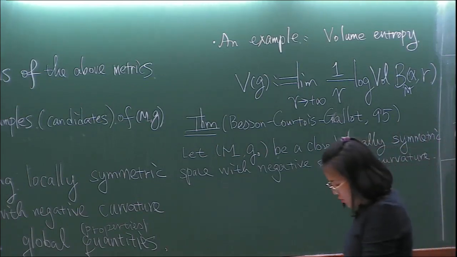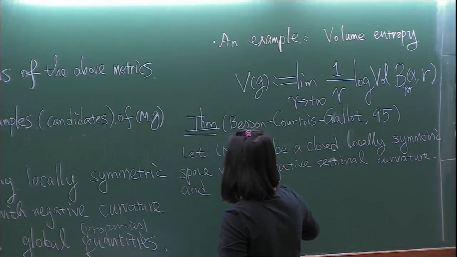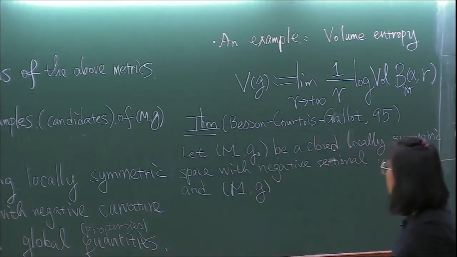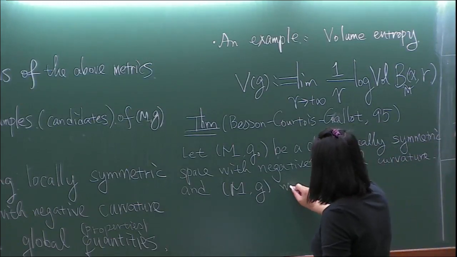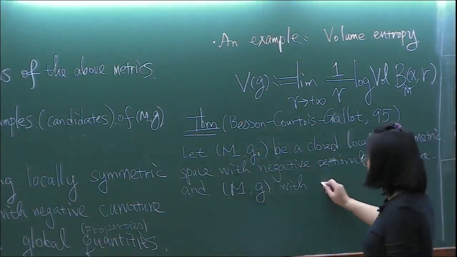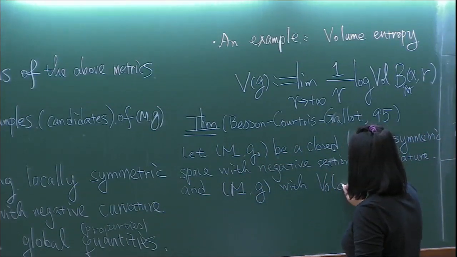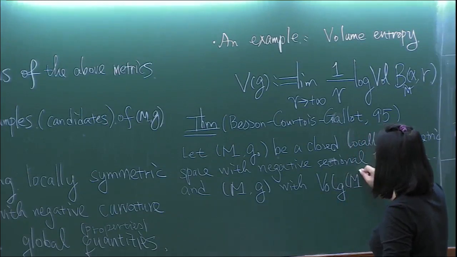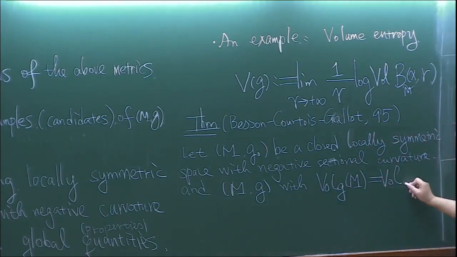And you have another metric g, with the assumption that you have the same volume for this M: the volume of M in g equals the volume of M in g_0.